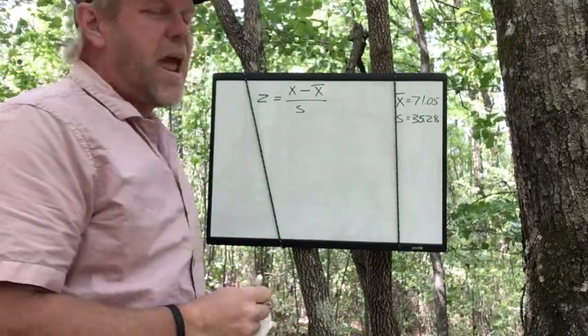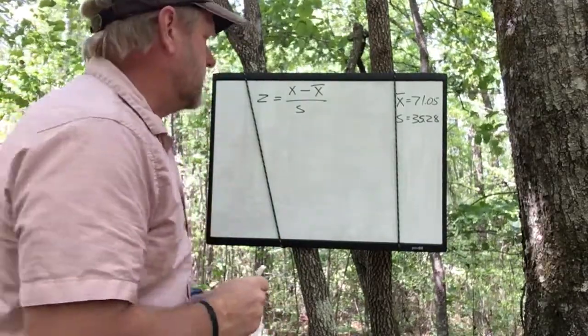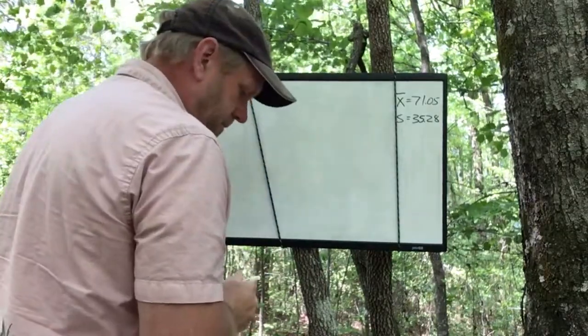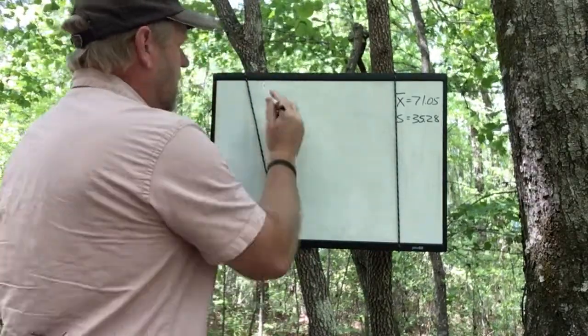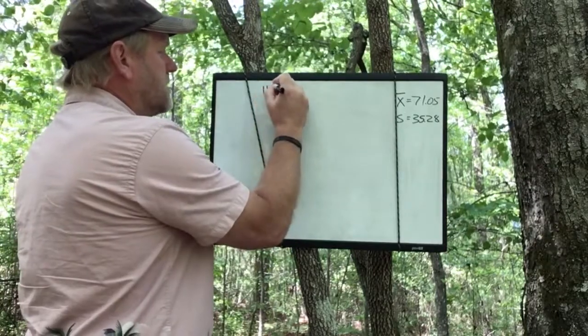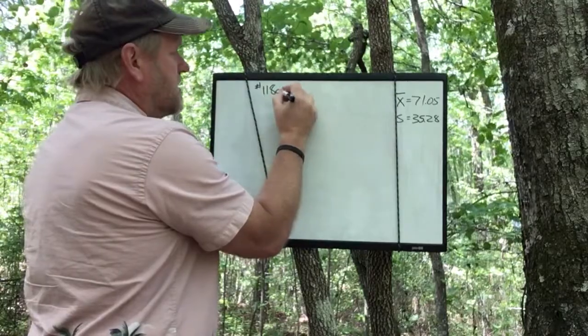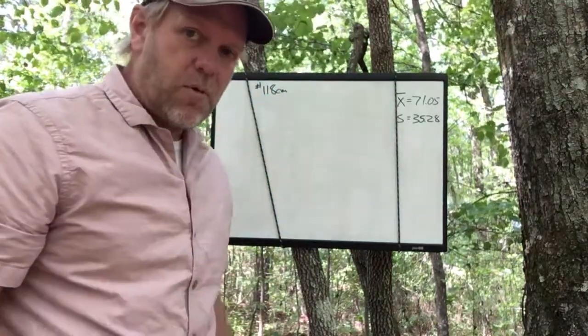So what I'm going to do is analyze one of my trees. I'm going to pick tree number 118. It was 118 centimeters. That was the number that I got.